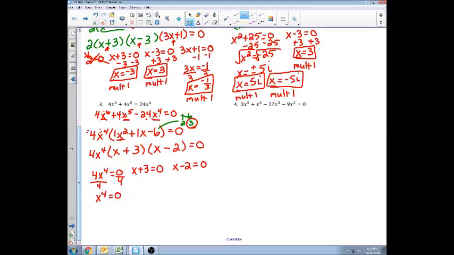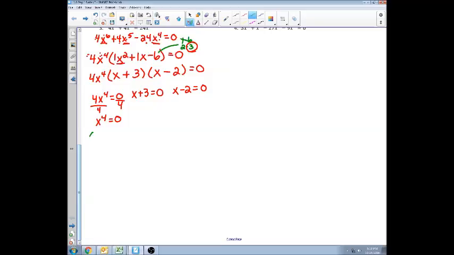All right. So really what that means, do not write this down, just pay attention. What this really means is I have x times x times x times x is equal to 0, which means I could write x equals 0, x equals 0, x equals 0, x equals 0, right?